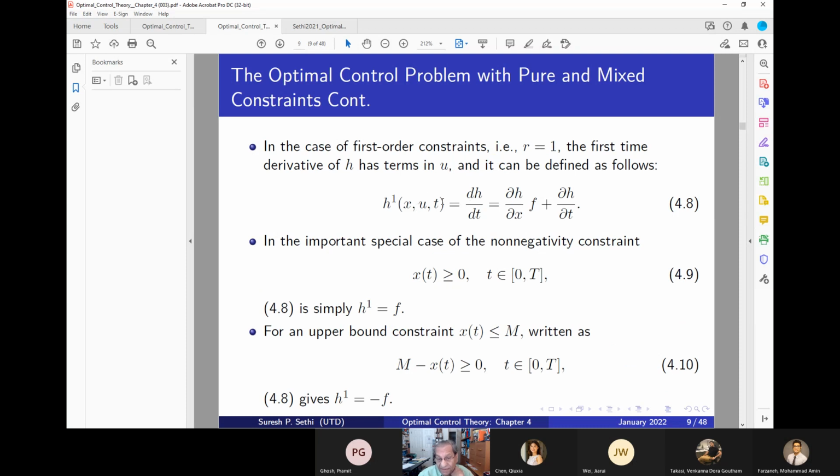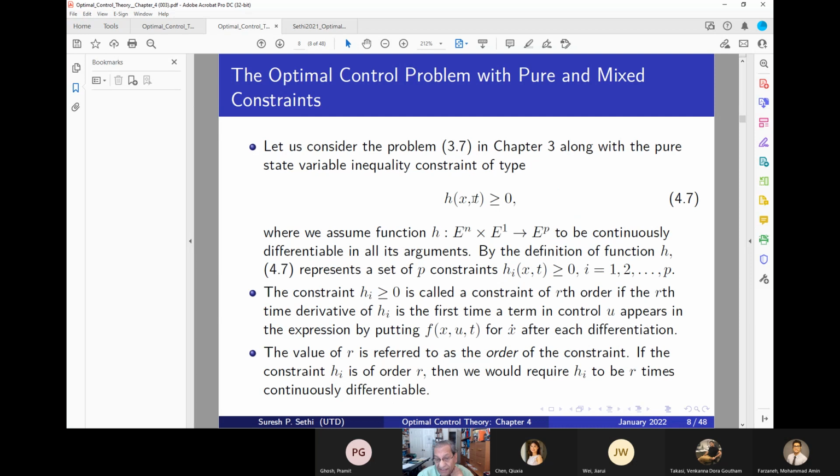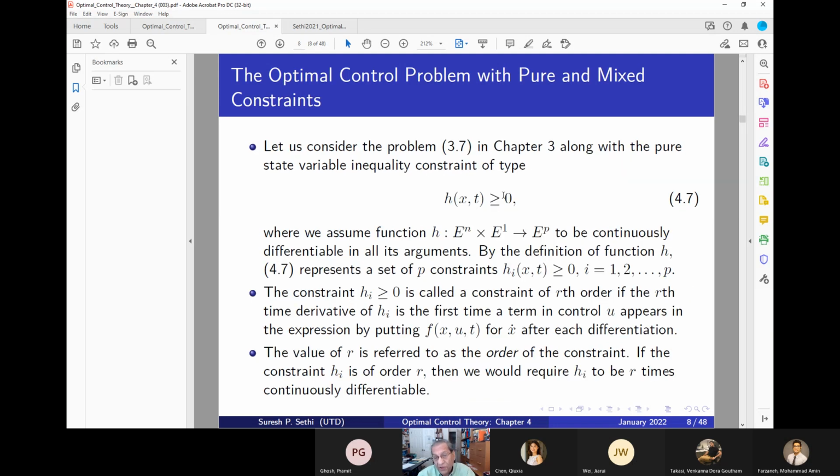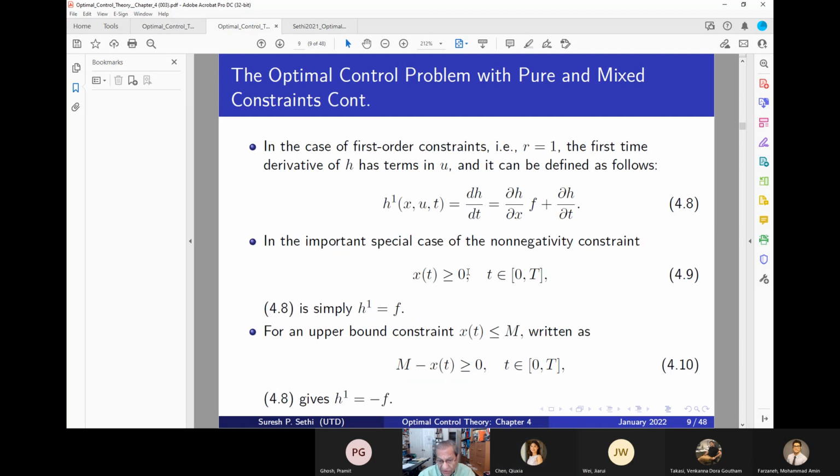That's the only way I can keep this constraint satisfied when it is at 0. If this becomes negative, then we are going into negative territory. So for the special case of x(t) bigger than 0, h1 is just the first derivative of that with respect to t.